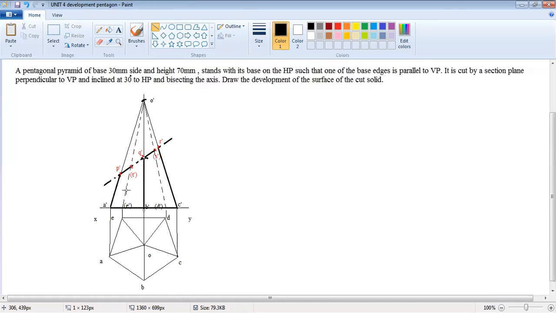And it is also dotted lines also is there. It's the remaining edge also. So the next step is we have to draw the development of a pentagonal pyramid. So in this pyramid we have to take a slant edge, but here there is no horizontal edges in this top view.